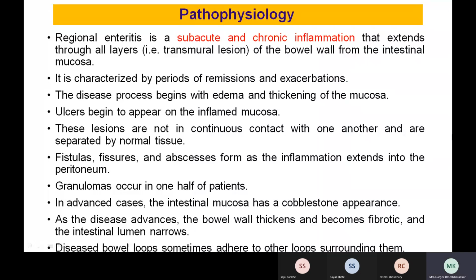Fissure means any tear. No, it's not a tear. Ma'am, fistula is an abnormal connection between organs.